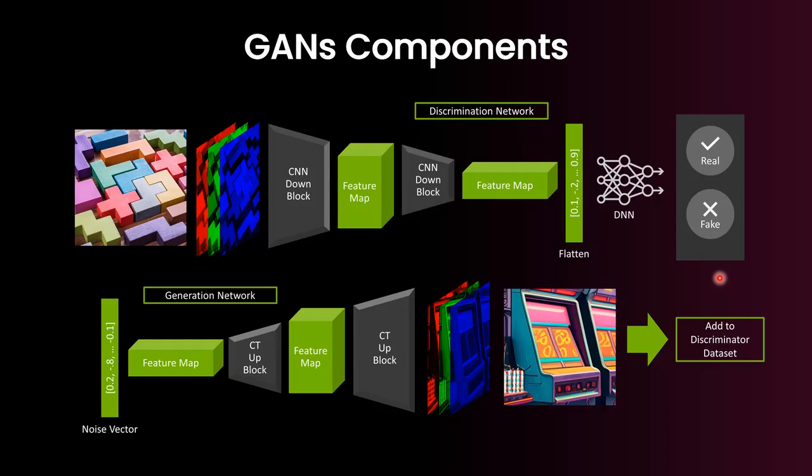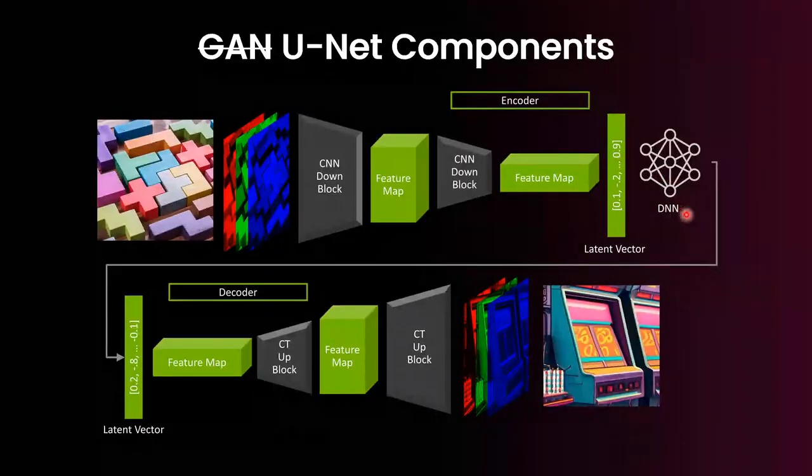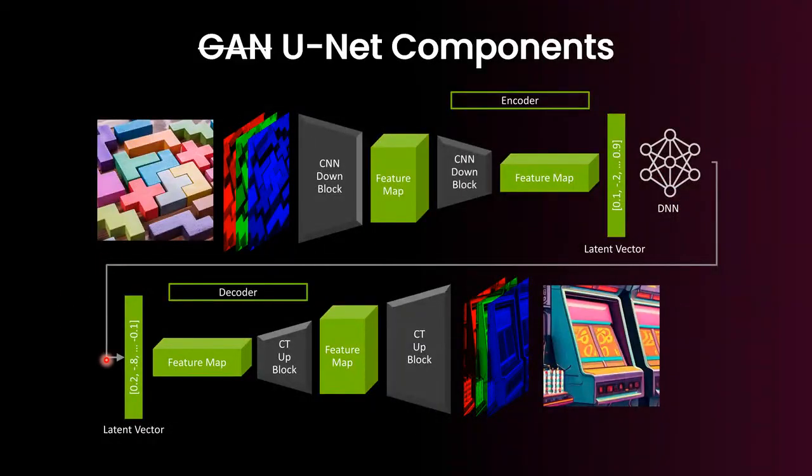But now we are talking about UNet, which comes with a very easy trick: just connecting the end of the discriminator to the beginning of the generator.